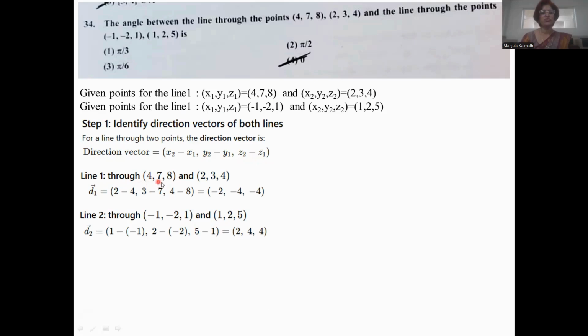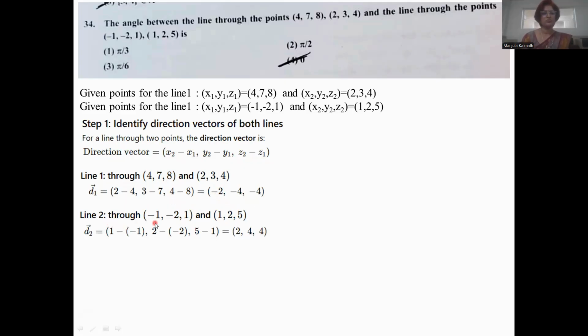Line 1 through 4, 7, 8 and 2, 3, 4. Just by substituting these values in this formula, we have 2 minus 4, 3 minus 7 and 4 minus 8. So we just have to substitute. We'll get the point -2, comma, -4, comma, -4.